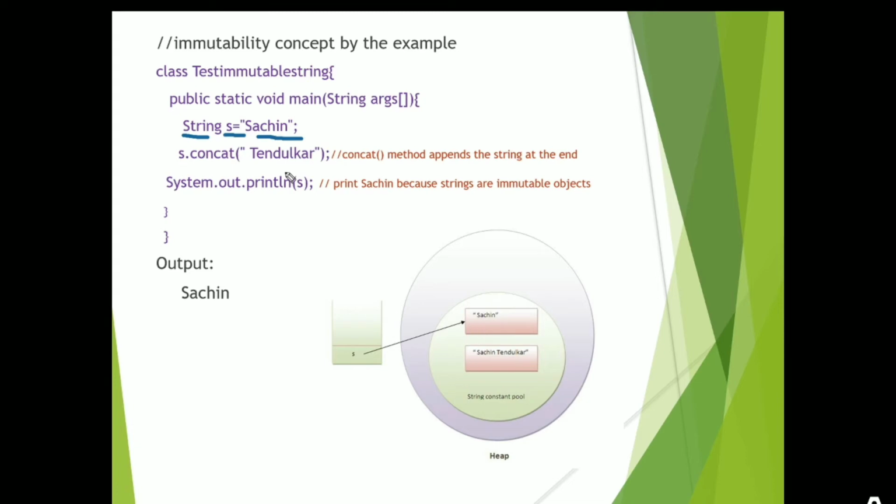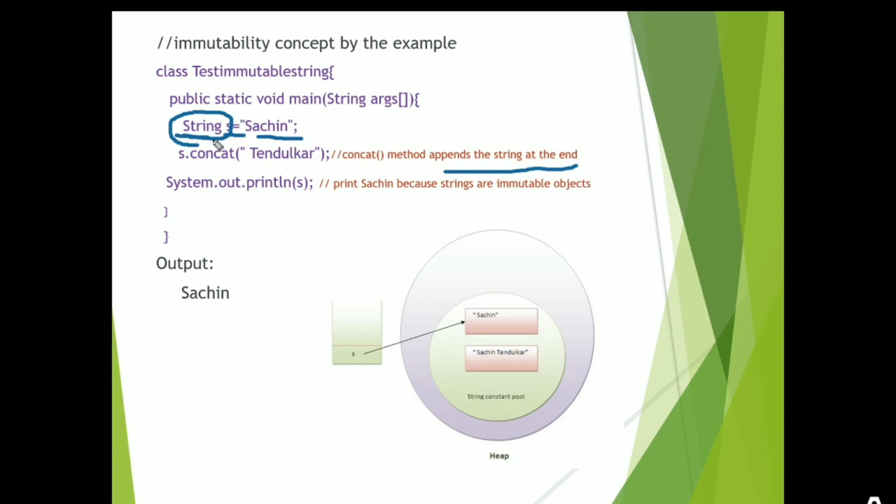And s.concat("Tendulkar"). The concat method is used to append the string at the end. So s already has Sachin and Tendulkar is concatenated with Sachin, so it displays Sachin Tendulkar. But when we print s, it only prints Sachin. It is concatenated as Sachin Tendulkar, but it only holds Sachin because s is created using the String class.